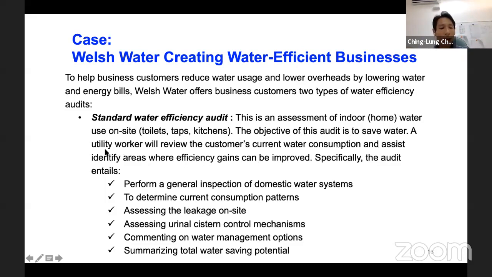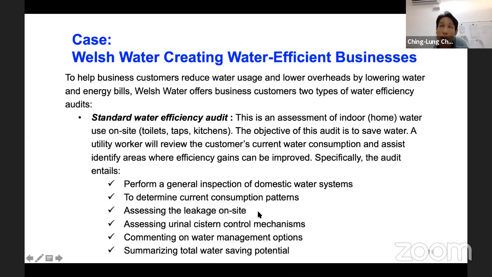A utility worker will review the customer's current water consumption and help identify areas where efficiency can be improved. Basically, the audit includes a general inspection of the domestic water system, determining the current consumption pattern, and assessing leakage on site.